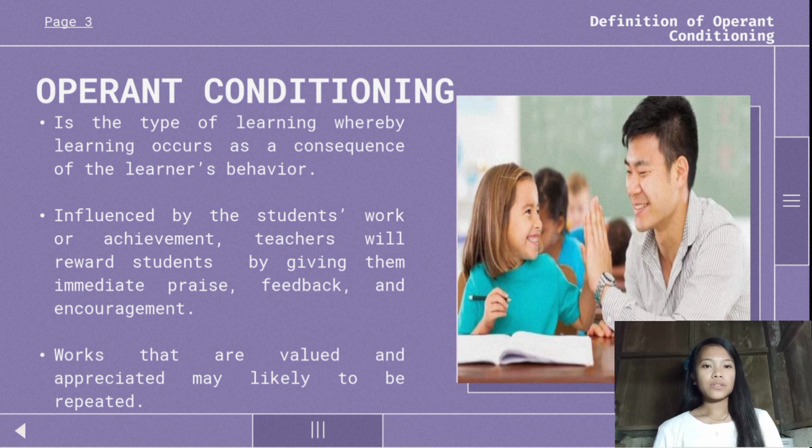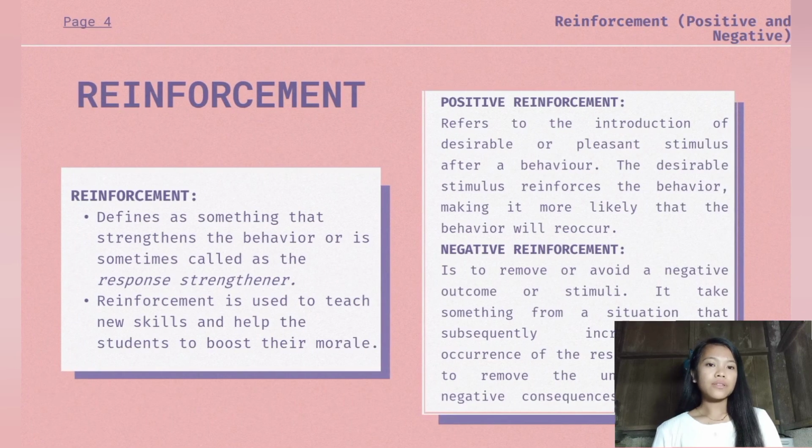This is because if the students' work is valued and appreciated, they may be more likely to repeat the same behavior they did, eventually leading them to be better at school. Then reinforcement follows, which strengthens the performed behavior that will later teach students new skills and help them boost their morale. So reinforcement is categorized into two types, positive and negative.